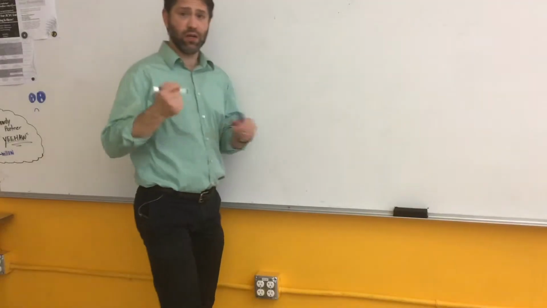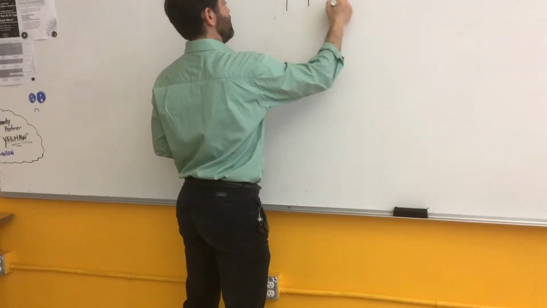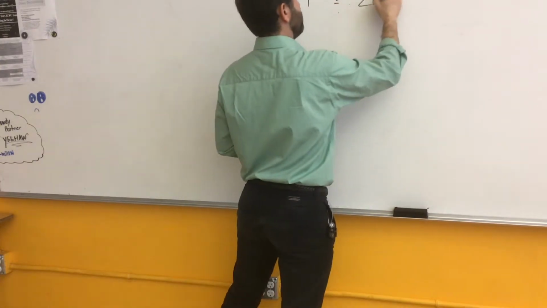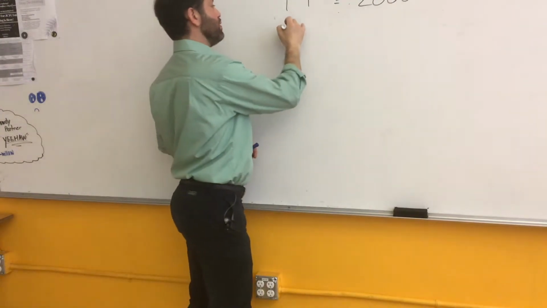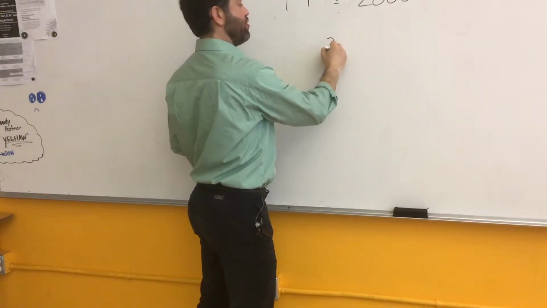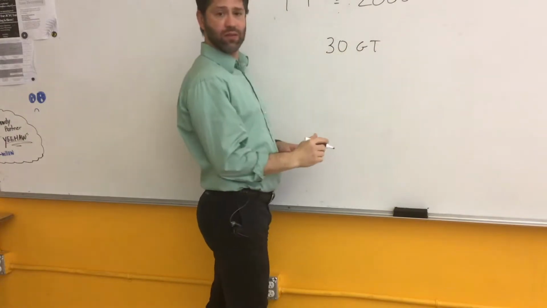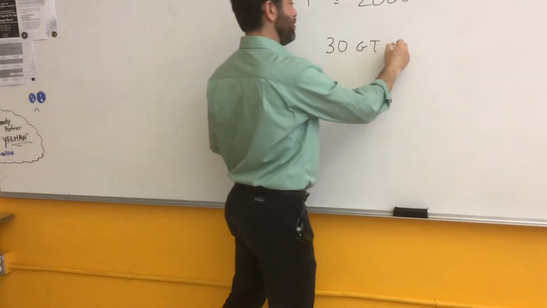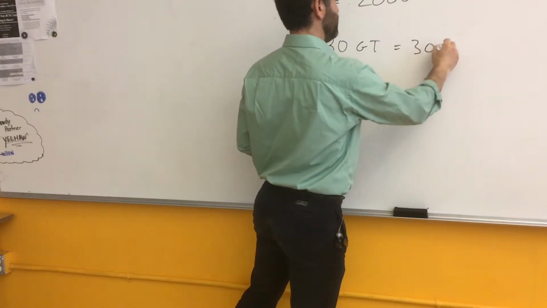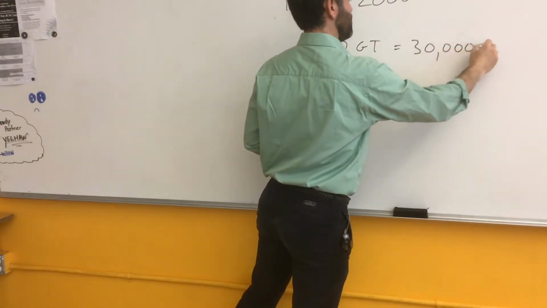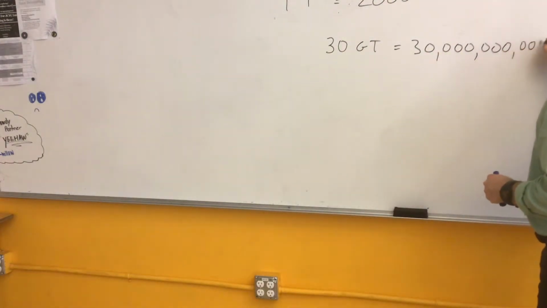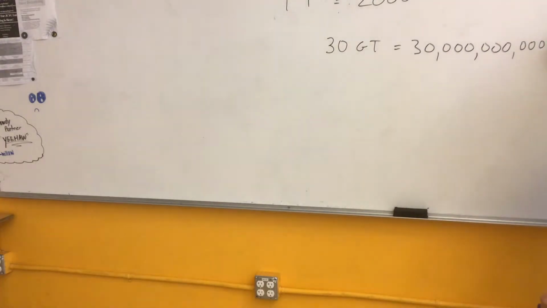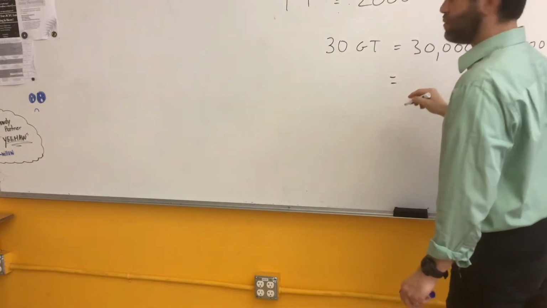How many pounds? A ton equals 2,000 pounds. Therefore, when we have 30 gigatons, we have 30 billion tons. That's 30 billion tons times 2,000.